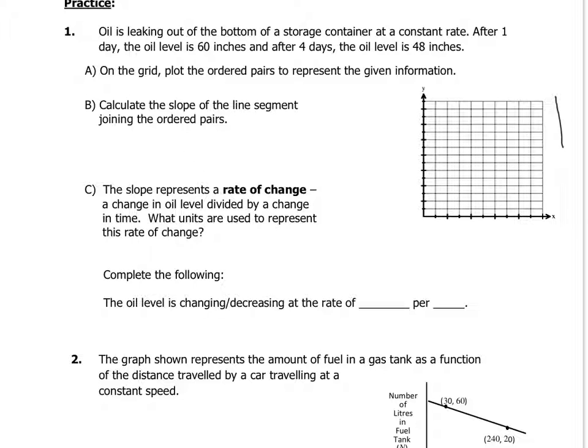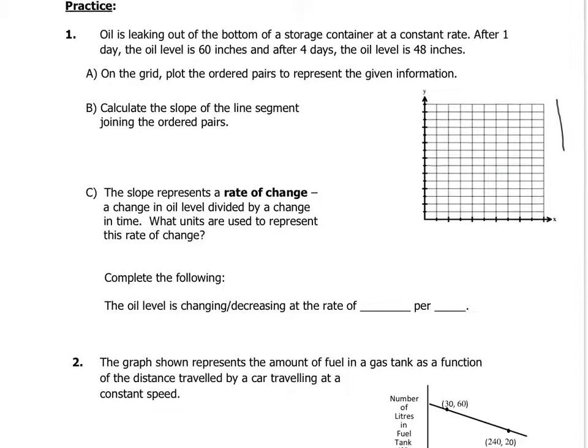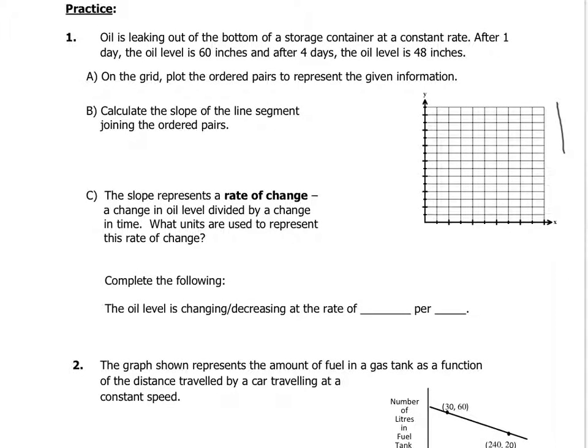So looking at that, I would probably think that the level of oil would be your y-axis, oil level, in inches. And then on the bottom would be your days. So this would be 1, 2, 3, 4.